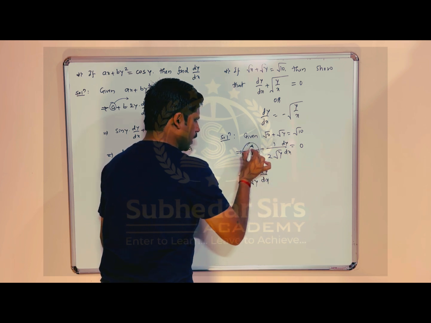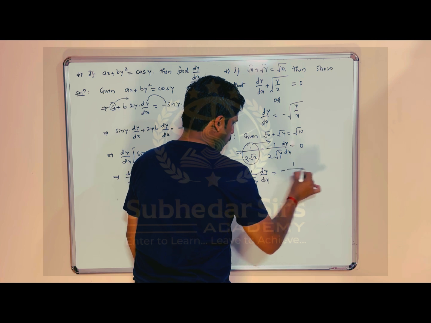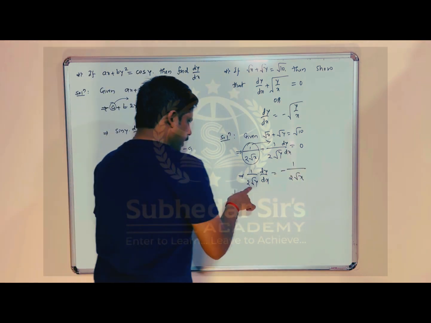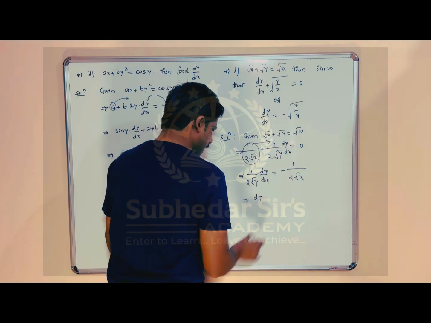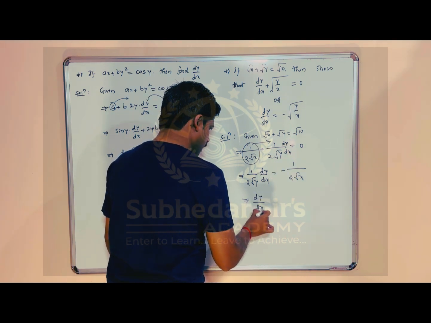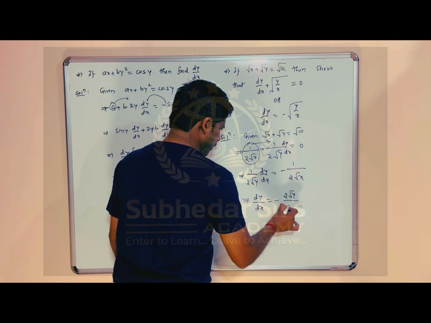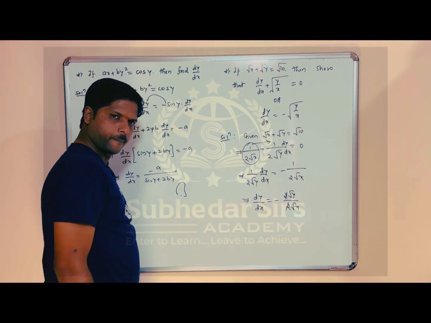So transfer this one from LHS to RHS. We get minus 1 upon 2 root x, right? So take this one to the numerator. That is, dy by dx is equal to minus 2 root y divided by 2 root x. So 2 gets cancelled.